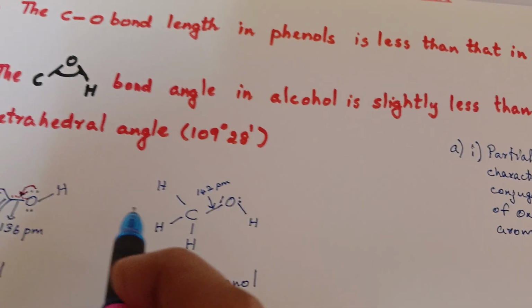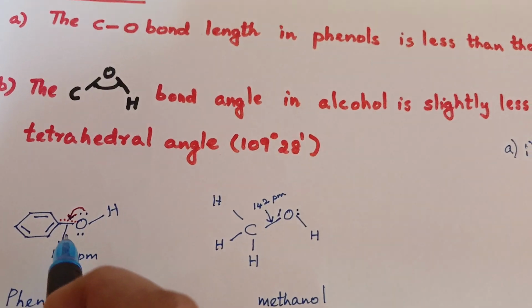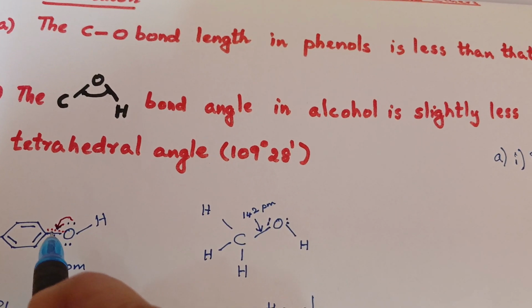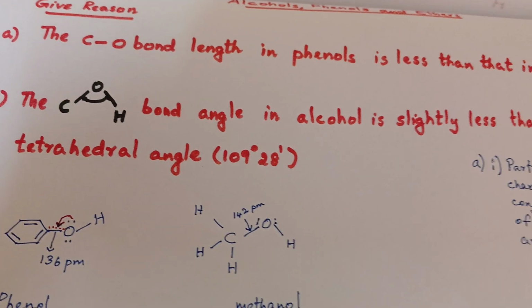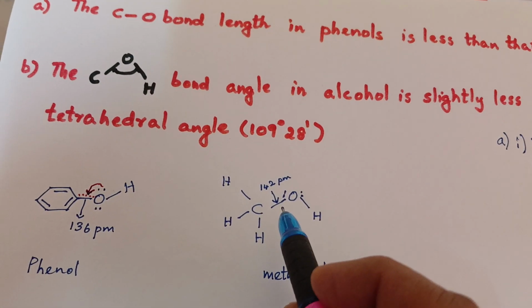So that is the first reason, this transfer of these electrons here and creation of a partial double bond character here. Double bonds are shorter than single bonds.